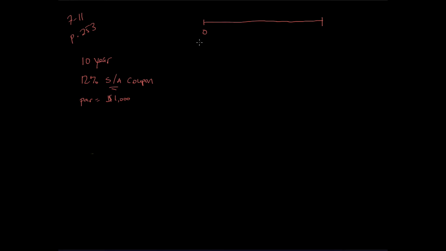Notice it says last year. So that means 1 year of time has gone by to get to today. So I'm going to go back in time again, just like problem 7-8, and say -1. That's 1 year ago from today.